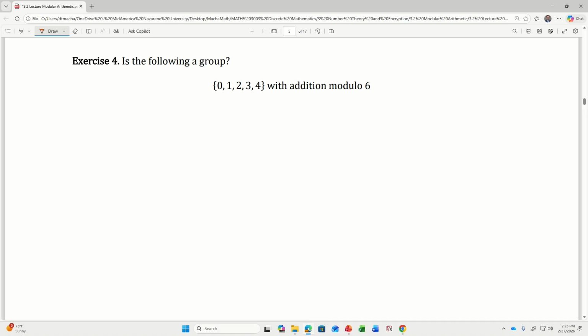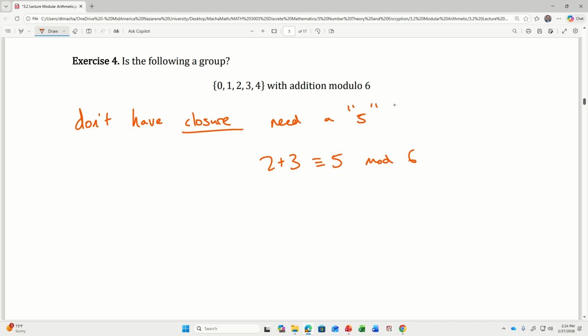So it does not. I'm missing a 5, right? I need to have a 5. And if I don't have a 5, I don't have closure, because of the 2 plus 3 problem. Okay.